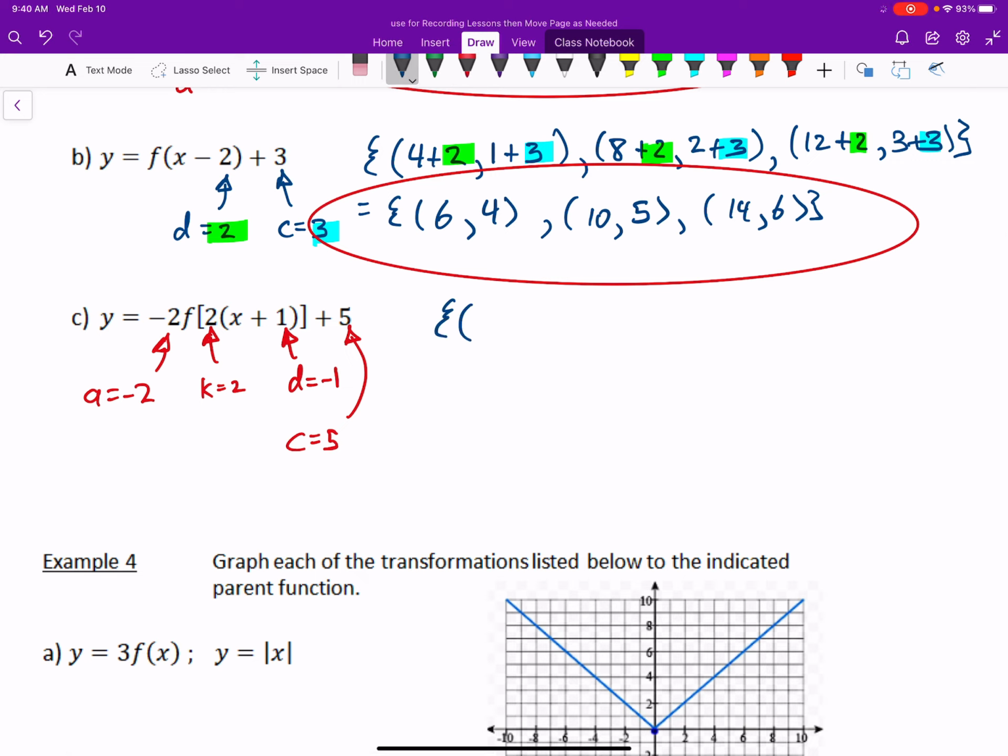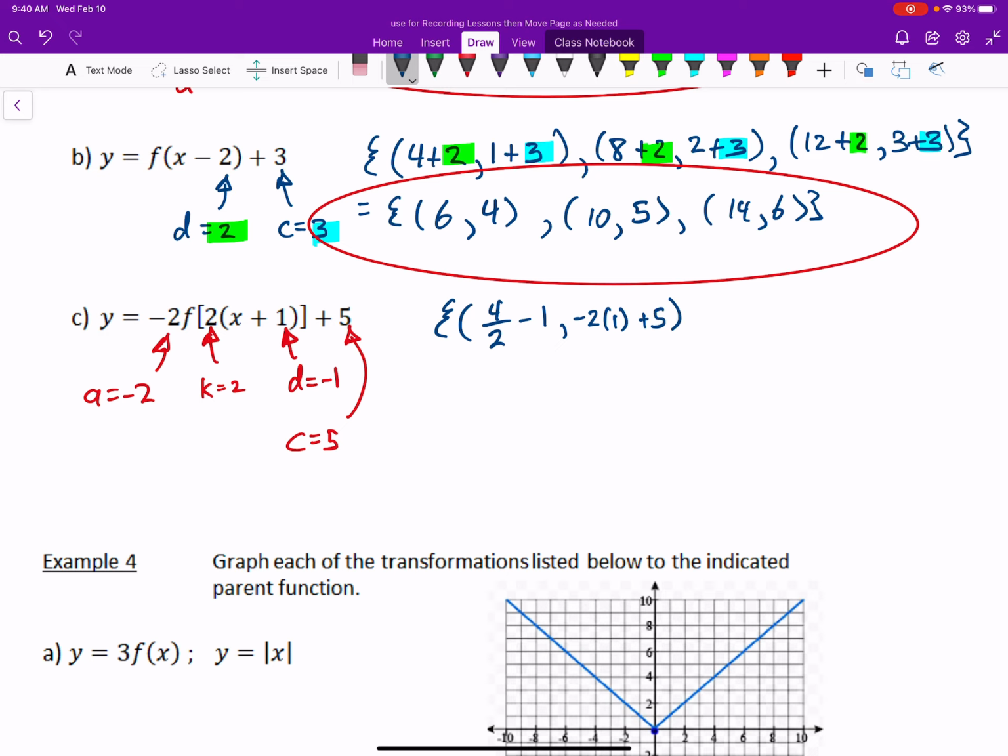So 4, 1, so I'm going to do 4 divided by k, which is 2, plus d, which is -1. I'll just write -1 rather than plus -1. And my A value is -2 times the original value of 1. I'll highlight in a second to make it clearer, plus 5.